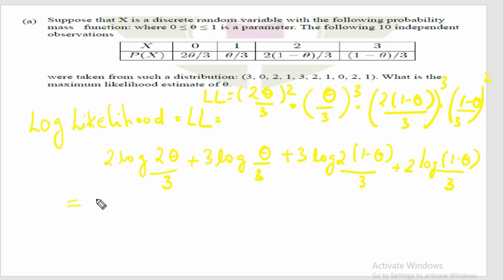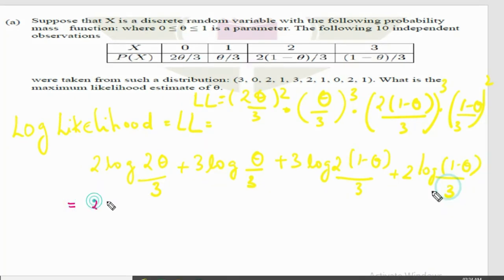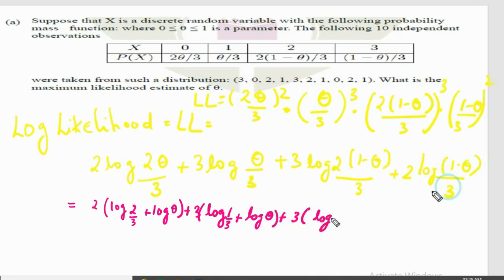So in the next step, to make it a little bit easier, what we can do is split it. You can write like this: 2 outside, log 2 by 3 plus log theta, plus 3 log 1 by 3 plus log theta, plus 3 log 2 by 3 plus log 1 minus theta, plus 2 log 1 by 3 plus log 1 minus theta. Fine.